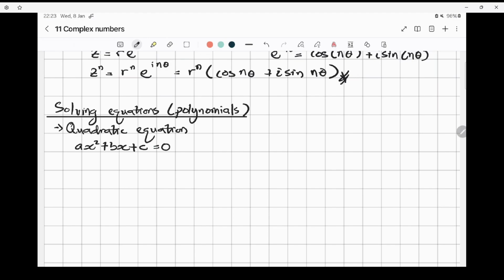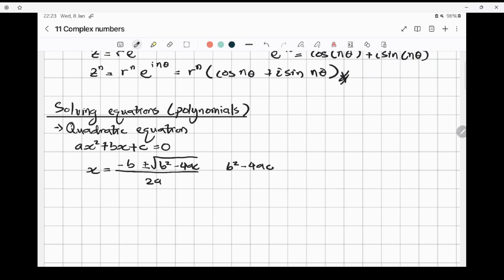And we also know that the solution for this quadratic equation in general looks like this. So b squared minus 4ac is what we call the discriminant.